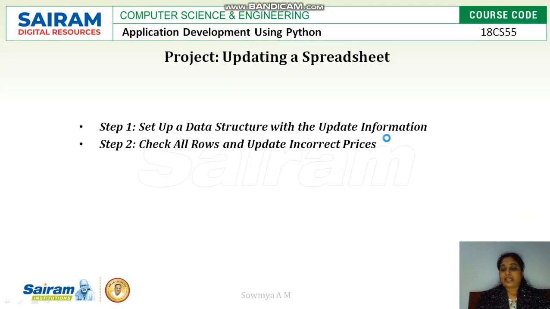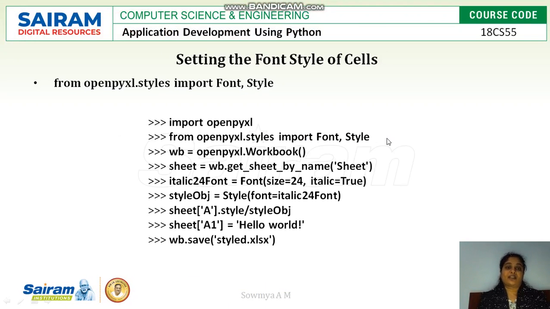So next is setting font style for the cells. Till now we saw how to read a cell and write a cell. Next is setting the font style. To do that, we have to import Font from openpyxl.styles. So we can make use of this with the object created for the Excel sheet.